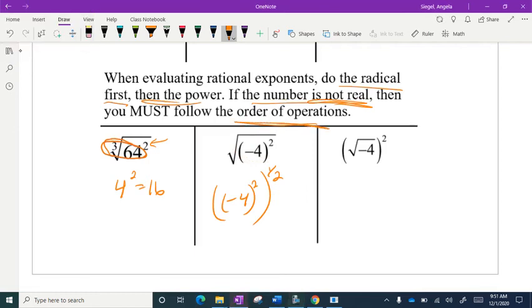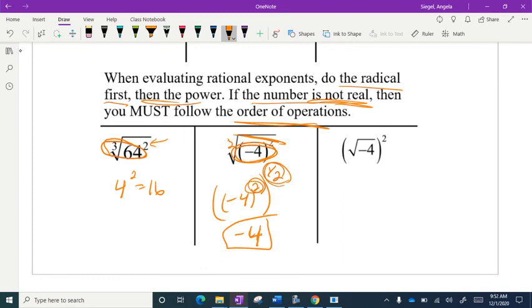Okay, so what we're going to do is follow the order of operations. So we're going to take 2 and raise that to the 1/2 power, because remember, this is the square root, so that's 1/2 power. So 2 to the 1/2 power, that's 1. So what happens is these cancel out and it's just leaving you with -4.